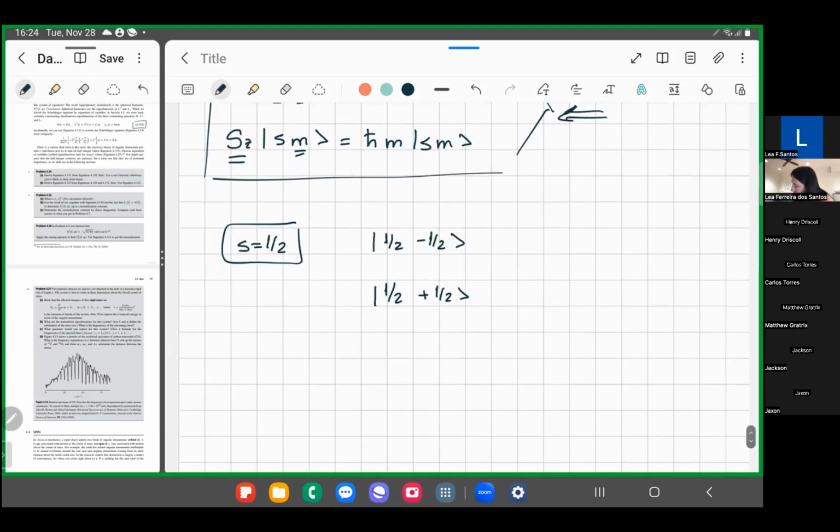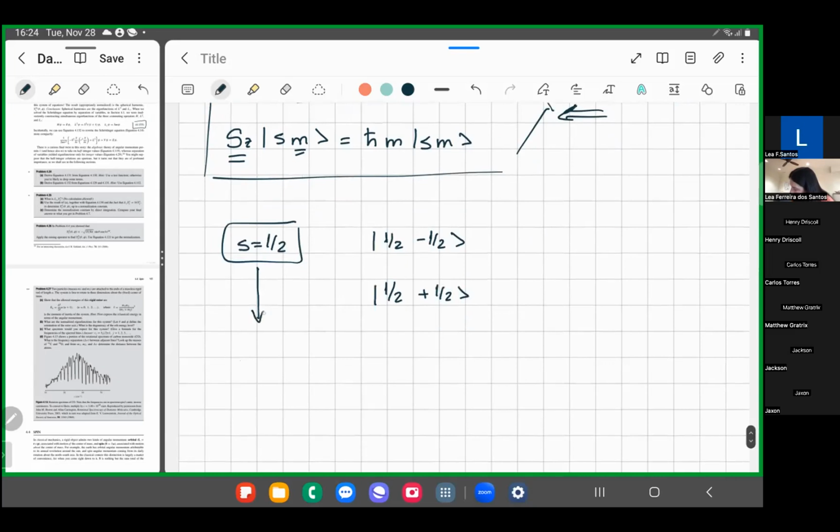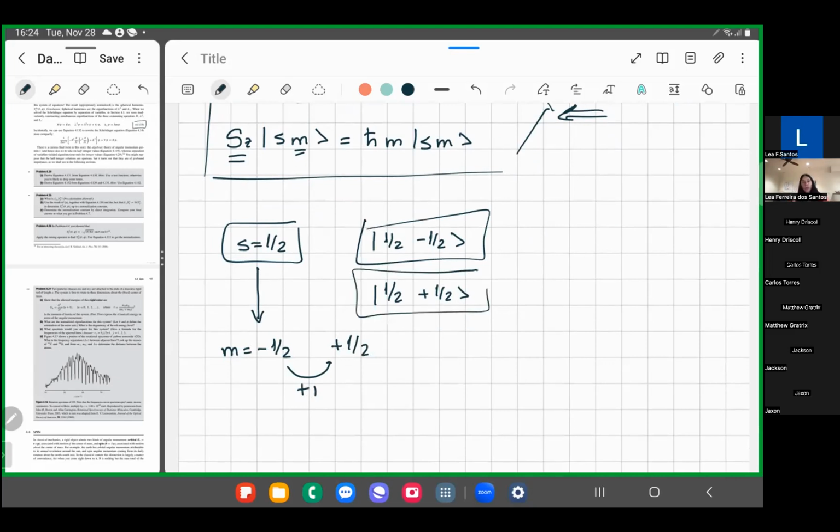Again, when S is half, the lowest value of M is minus S, so minus half. I go on increasing step by step by 1, and in this case there is only one more possibility, half. So these are the two possible eigenstates of S squared and SZ.